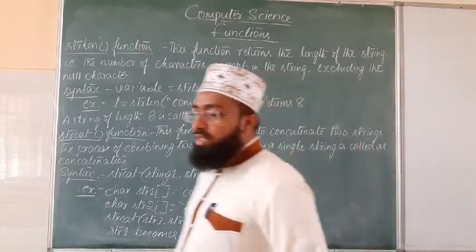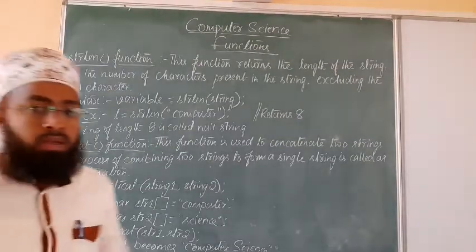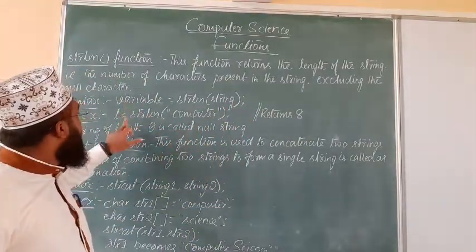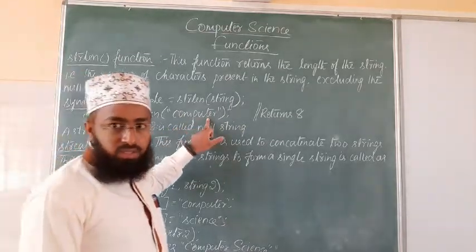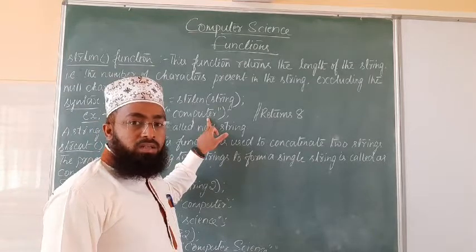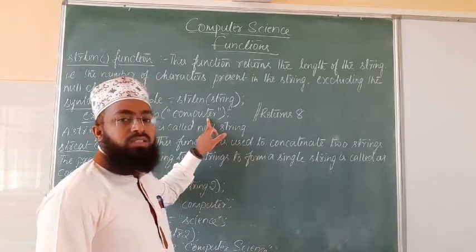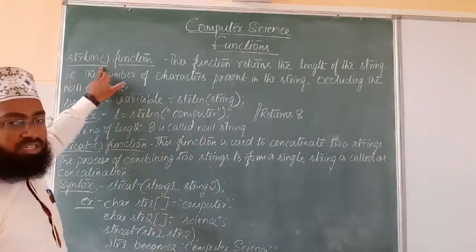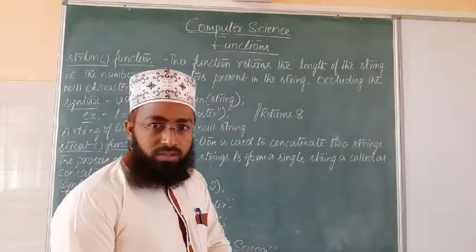So this is what we call the strlen function. It prints the number of characters present. This total count of characters is called the length of the string. This is the work of the strlen function. We use this function to get the length of the string.